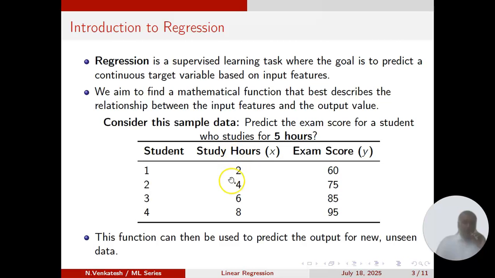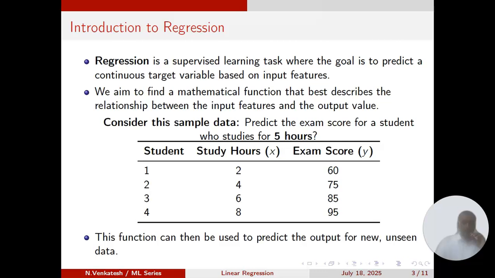The goal of the regression problem is to find a mathematical function that describes the relationship between y and x. That relationship might be a linear relationship, or a non-linear relationship, or a polynomial relationship.